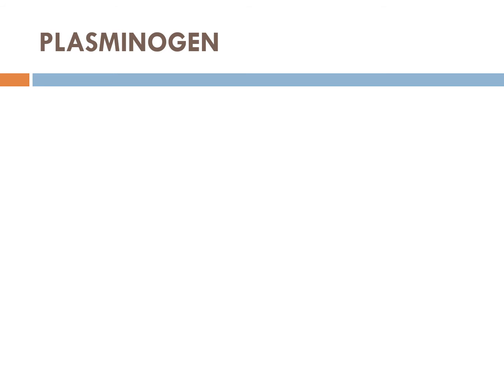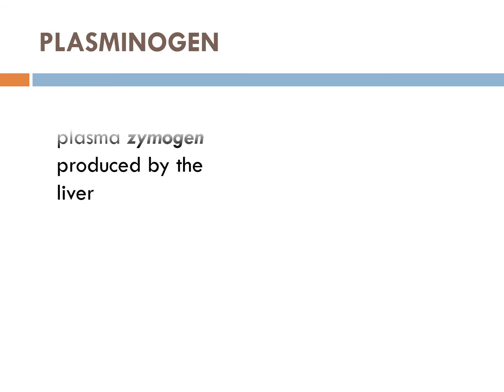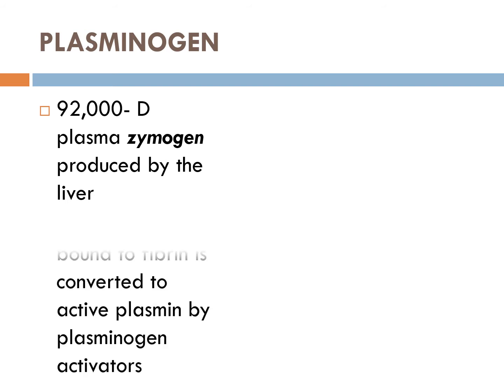Now, let's try to look at plasminogen. Plasminogen is a 92,000 Dalton plasma zymogen that is produced by the liver. Plasminogen bound to fibrin is converted to active plasmin in the presence of your plasminogen activator. Inactive plasminogen circulates in the plasma until an injury occurs.